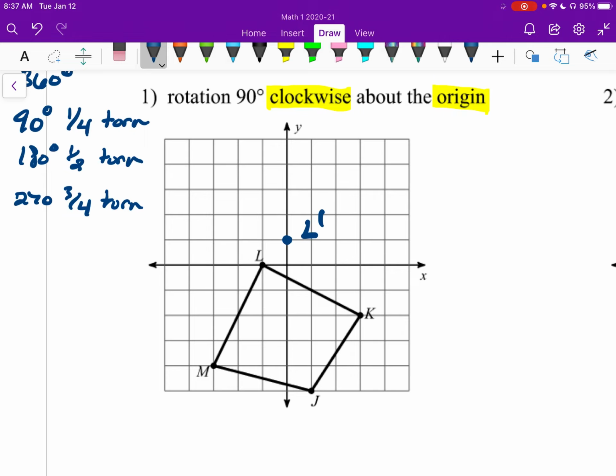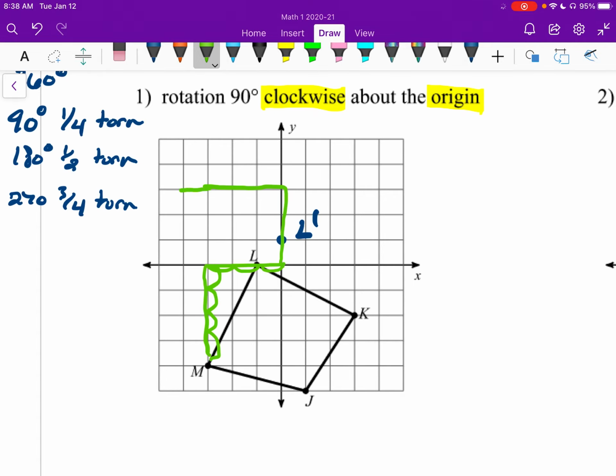Now for M. The way that I like to do this with graphs is I'm going to count where M is. It's going to go 1, 2, 3, then 1, 2, 3, 4. And I'm going to kind of look at this L, or the upside down L there, and I'm going to kind of rotate it in my head 90 degrees, and it's going to look something like that. I guess it's supposed to be 4 units long, so it needs to be like that. And there's going to be my new M. For J, I'll do the same thing.